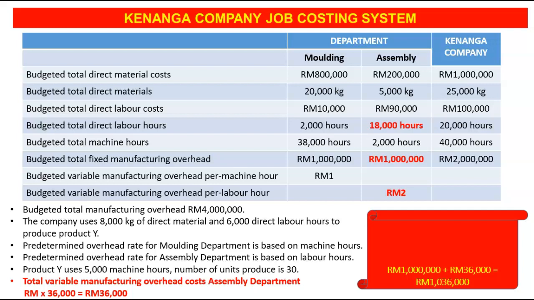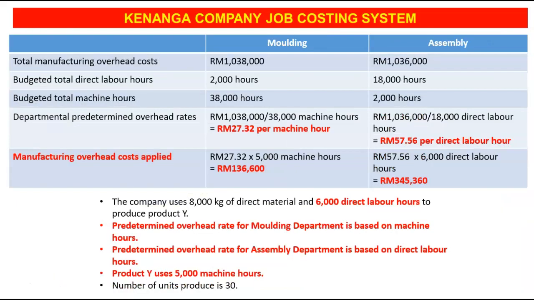And fixed manufacturing overhead cost is RM1 million. So, RM36,000 plus RM1 million, the total is RM1,036,000. So that's the total manufacturing overhead cost for the assembly department.